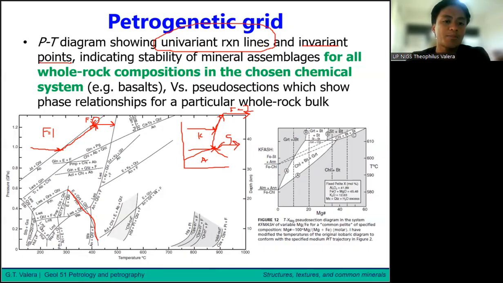Okay? A petrogenetic grid gives you all the univariant curves and all the invariant points for all possible compositions in the chosen chemical system. For example, this chemical system is NCMASH.